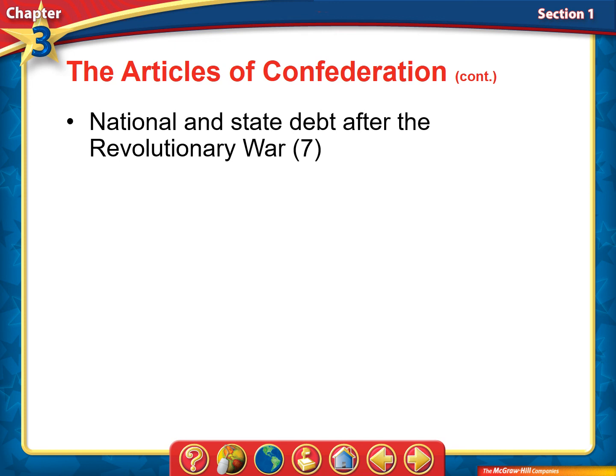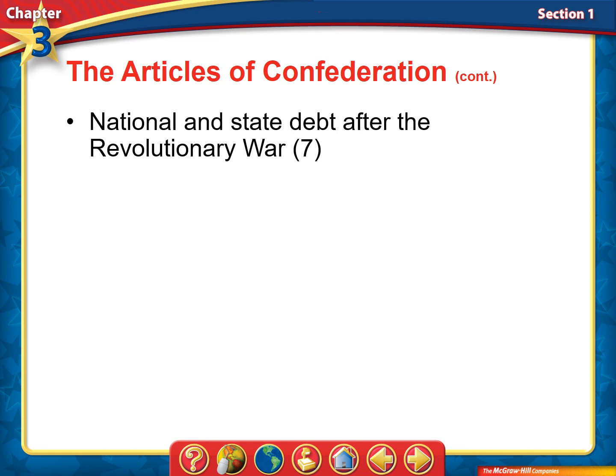Number one, we wouldn't have been able to fight the Revolutionary War without help from other nations. France and Spain loaned us money and supplies to fight the war. But the trouble with a loan, it's not a gift, it's a loan.